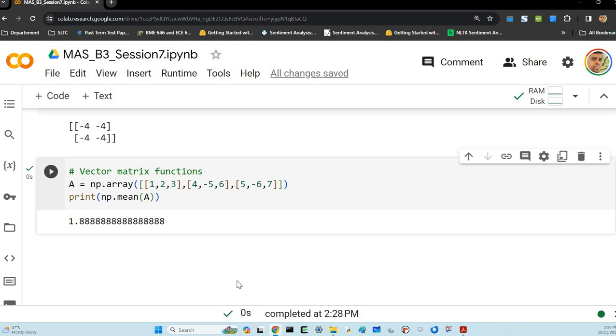Mean value means you added everything. So that means this is 6, 12, 12 minus 5, 7, 4, 11, 18, minus 6, 12, 5, 17. 17 divided by 9, right?